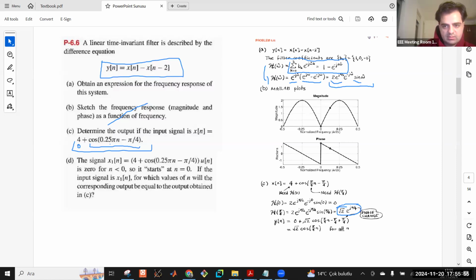So we multiply the magnitude of this cosine term in the input, from part C, by square root of 2, and we apply phase shift of pi over 4 here. Therefore, this minus pi over 4 will be cancelled, and the final result will be square root of 2 cosine pi over 4n.